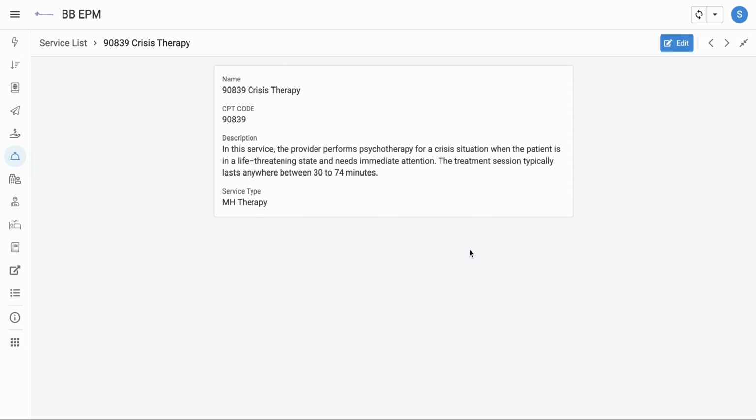There is an additional add-on code that comes along with that, which is the 90840. In this add-on service, after initial psychotherapy intervention for crisis, so after the 90839 is utilized, the provider performs an additional 30 minutes of psychotherapy for crisis. The crisis state is a life-threatening condition requiring immediate attention to the patient.